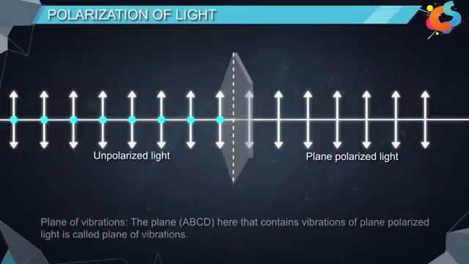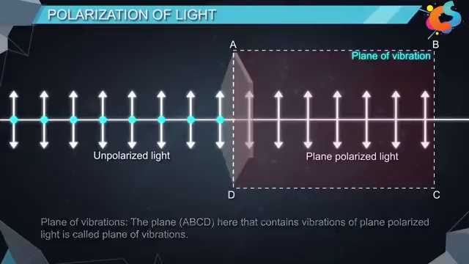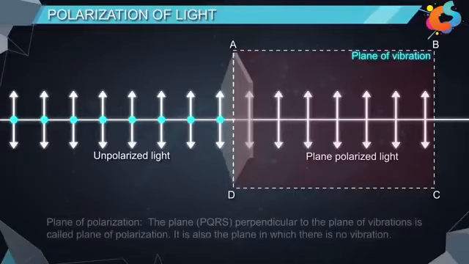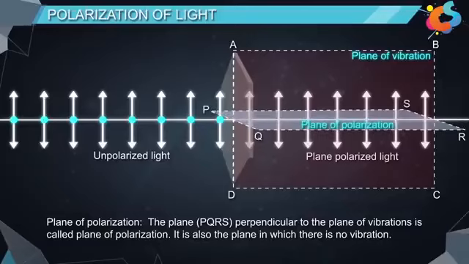Now, let us learn about two important terms used in this topic. One, plane of vibration. The plane ABCD here that contains vibrations of the plane polarized light is called plane of vibration. Number 2, plane of polarization. The plane PQRS perpendicular to the plane of vibration is called plane of polarization.